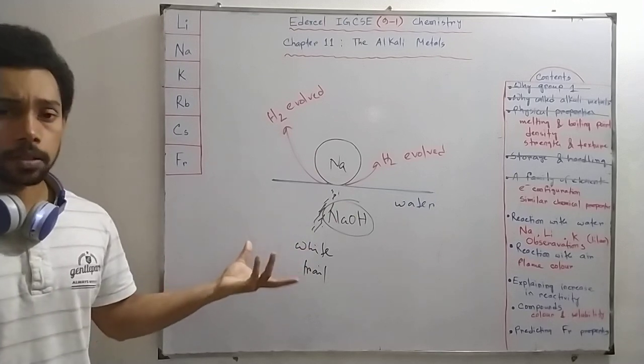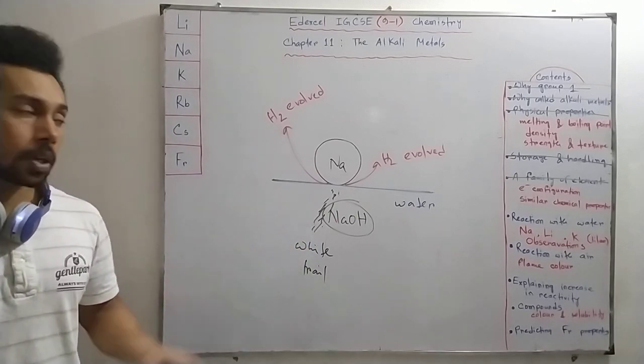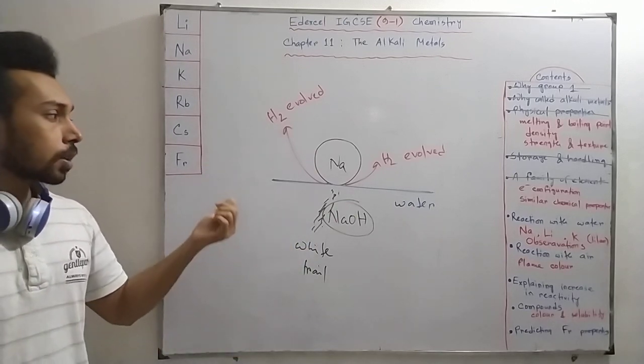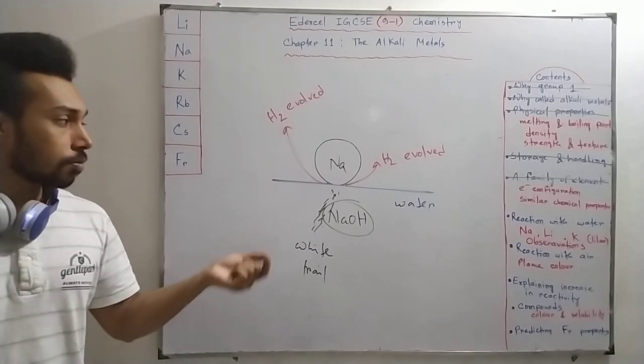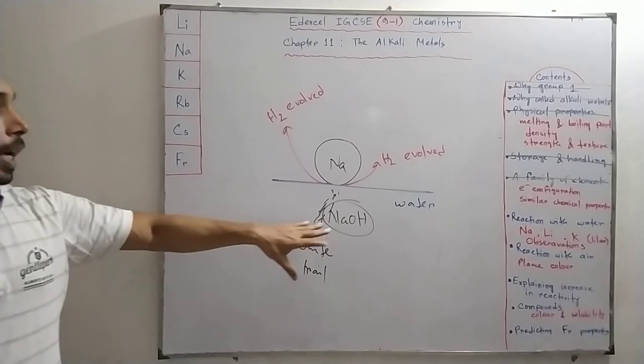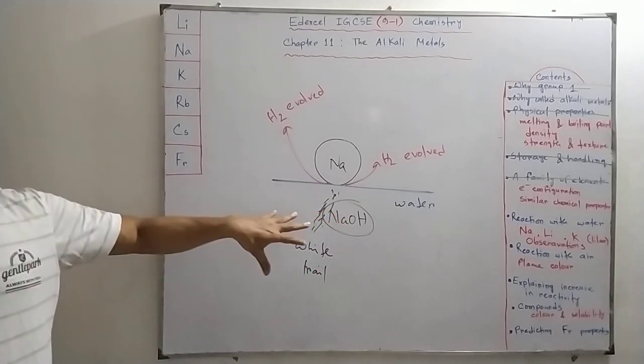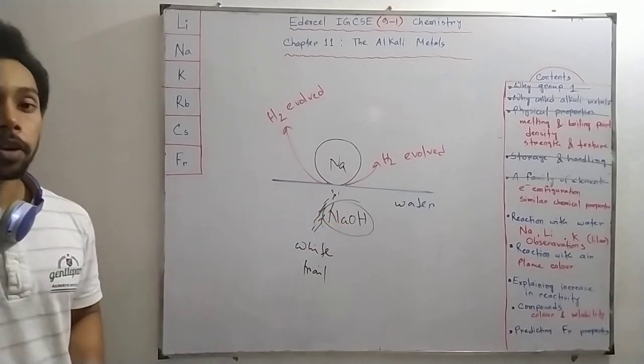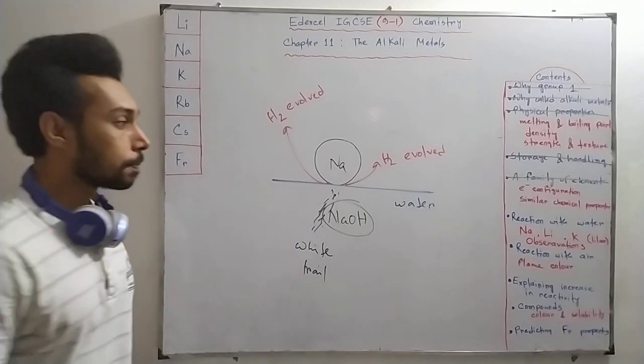Or you can also test this using litmus paper. It will turn blue, showing the presence of hydroxide ions, which are responsible for a solution being alkaline.